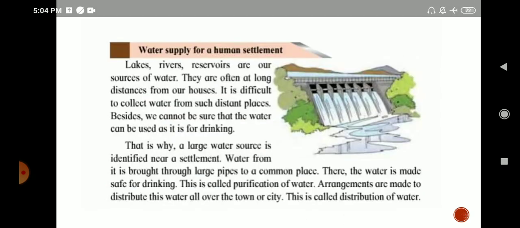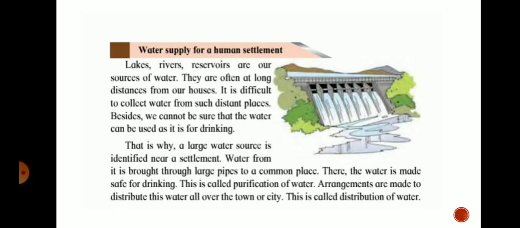Water supply for a human settlement. Lakes, rivers, reservoirs are our sources of water. They are often at long distance from a house. It is difficult to collect water from such distant places. Besides, we cannot be sure that the water can be used as it is for drinking.